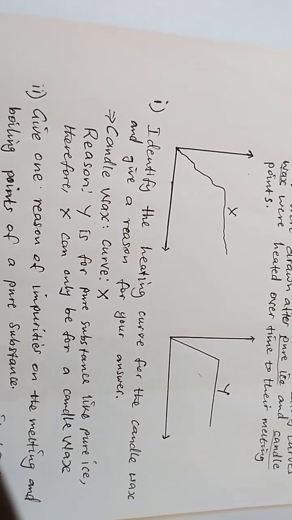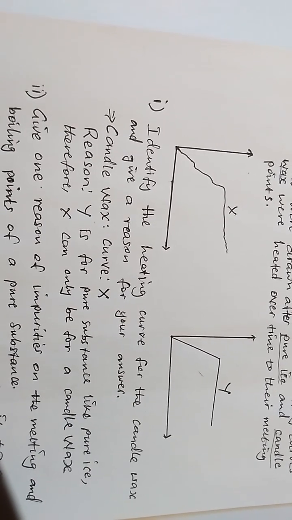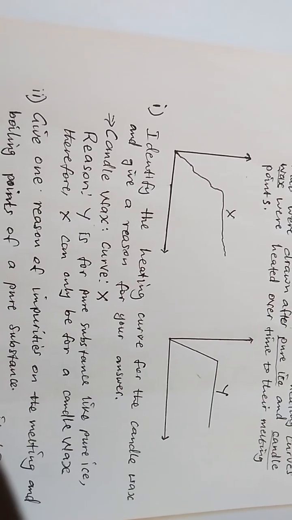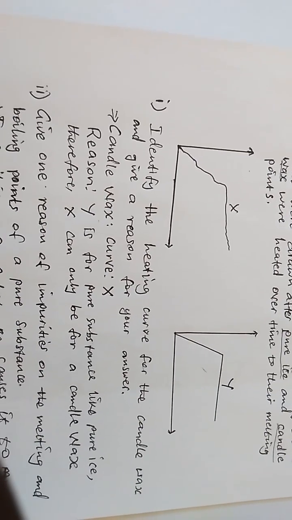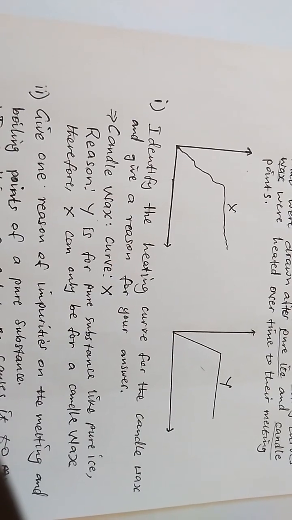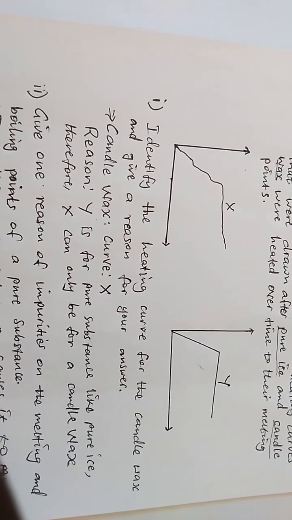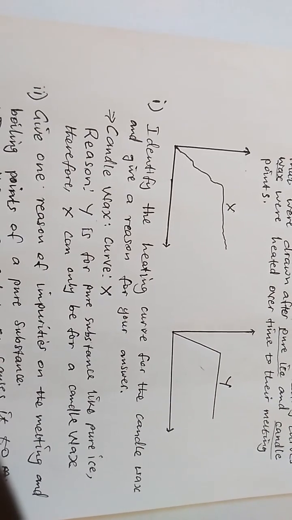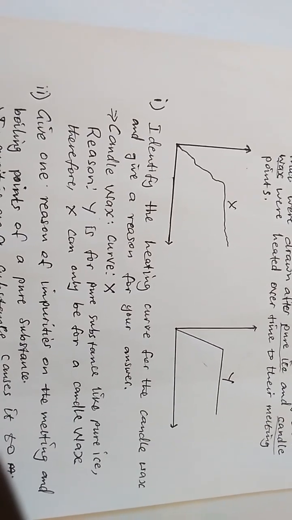Now, imagine that water has some impurities in it. Let's say with one of the impurities, its boiling point goes up to 170 degrees Celsius. That will also affect the boiling point of water.